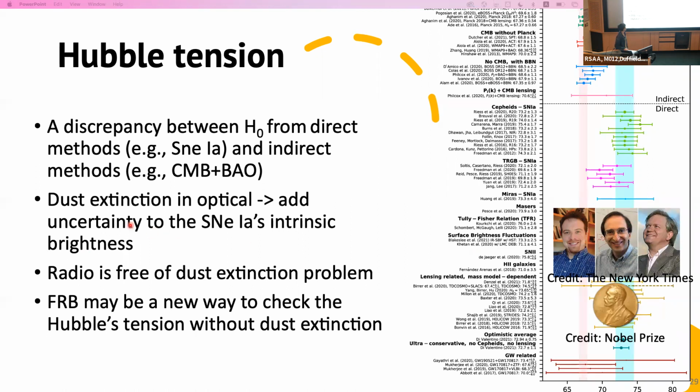This may add some uncertainty to their intrinsic brightness, and also add errors into the Hubble constant maybe. So radio is free of the dust extinction problem. So FRB may be quite useful for doing this kind of Hubble constant calculation in the future.